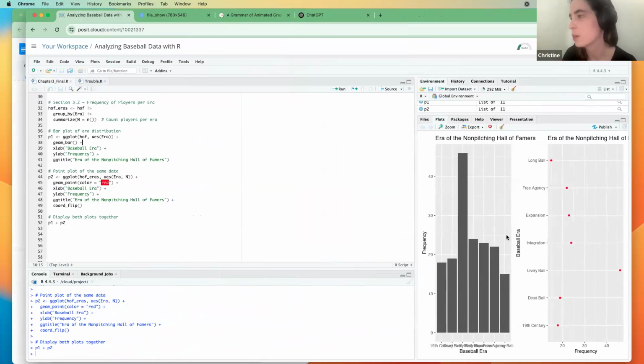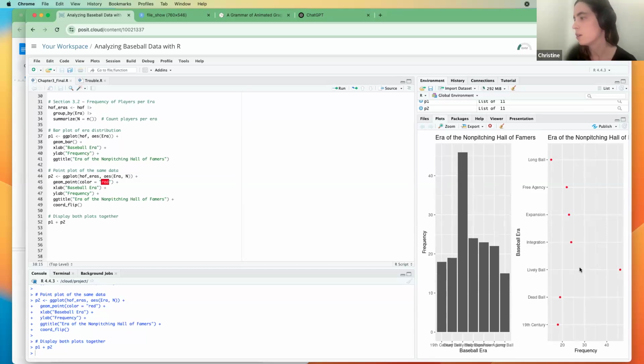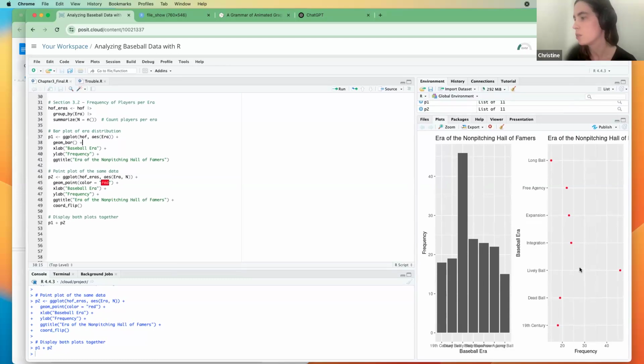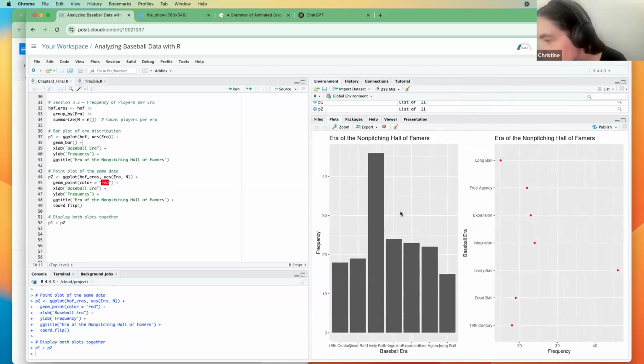We're starting to explore the best ways to display categorical data. This looks pretty terrible, and it's probably something I would change, the axis down here. I can't really read it too well, but there we go. So yeah, it's interesting seeing a peek here at lively ball, which I don't quite remember when that was, but a little bit of a peek here.